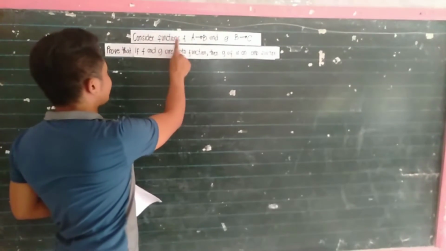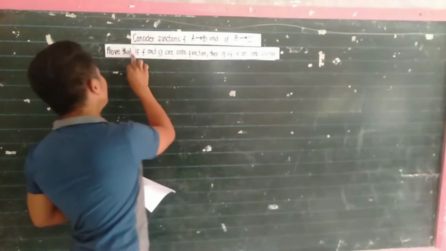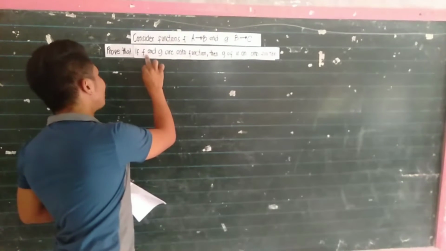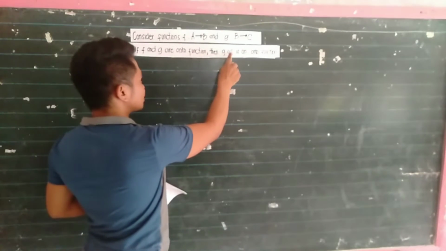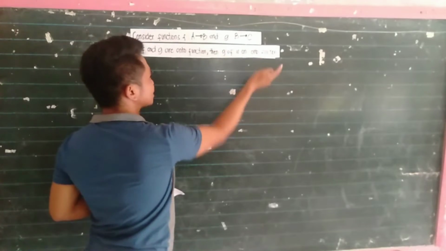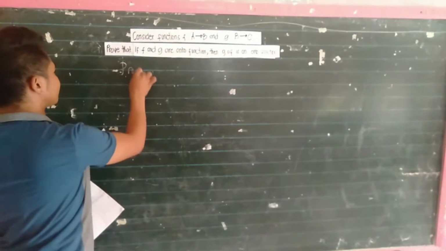Consider the functions f from A to B and g from B to C. Prove that if f and g are onto functions, then g composite f is an onto function. So we have the proof.